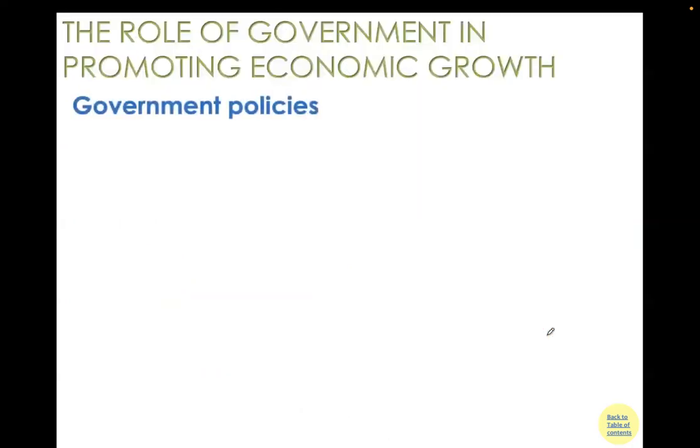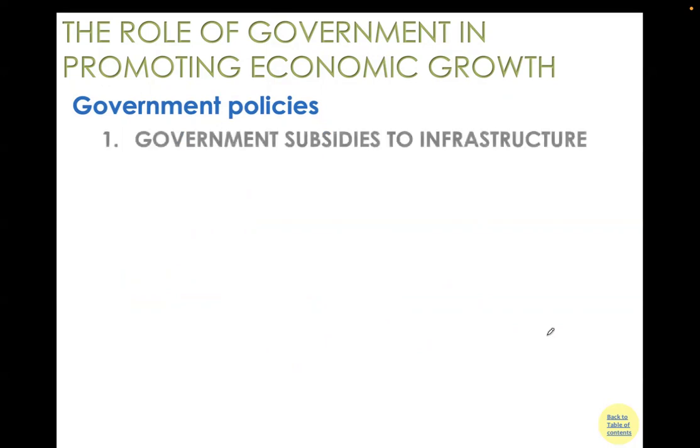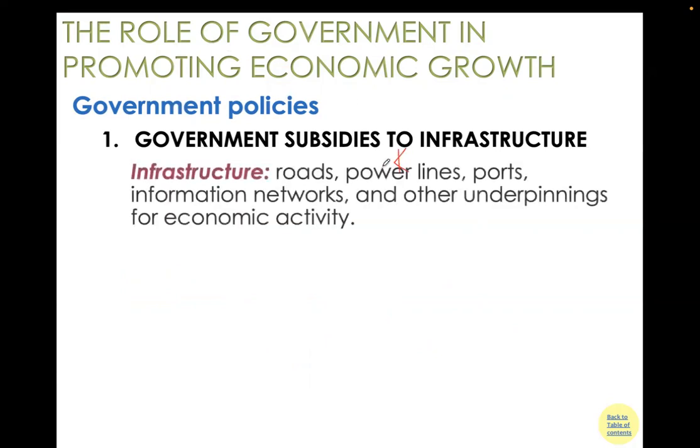Okay, so now, what can the government do in terms of promoting economic growth? Again, there are three factors, and the three things the economy can do. Now specifically, what can the government do? First, the government should subsidize infrastructure. How does this matter? This matters to the accumulation of physical capital, right?